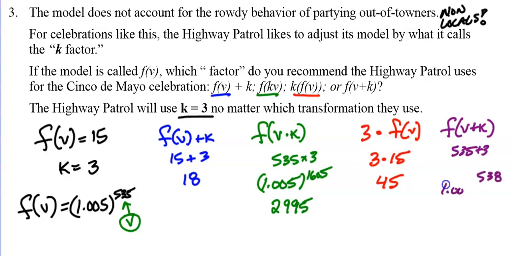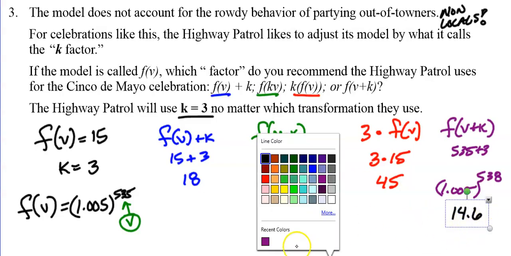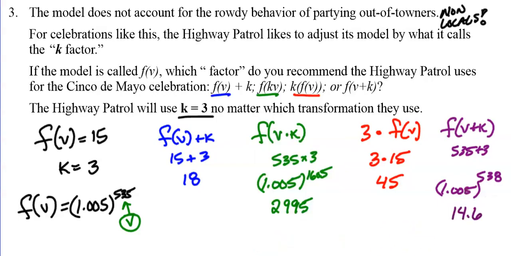We put 1.005 to the power of 538 in the calculator, and that's basically 14.6, which is the same number. So what we're looking at here is that this 18 is really close to 15.